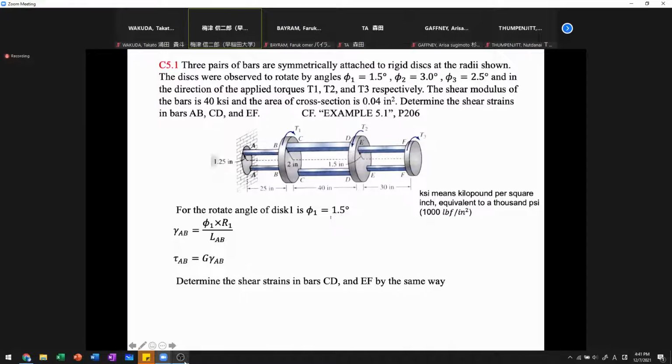1.5 degree. And from this equation, you can get the value of gamma AB. And tau AB is calculated from this equation, and G is given.